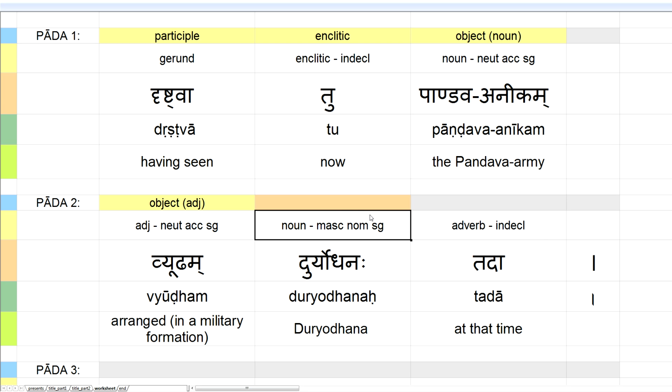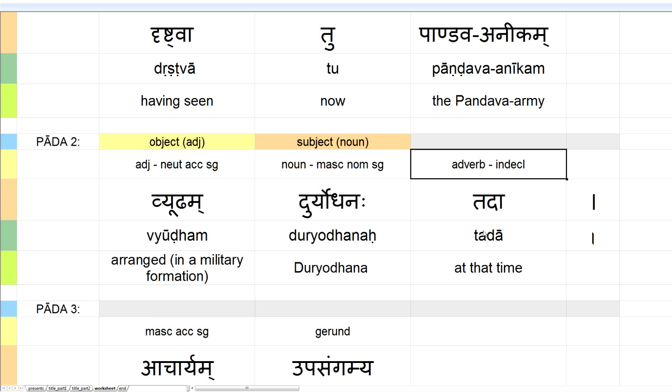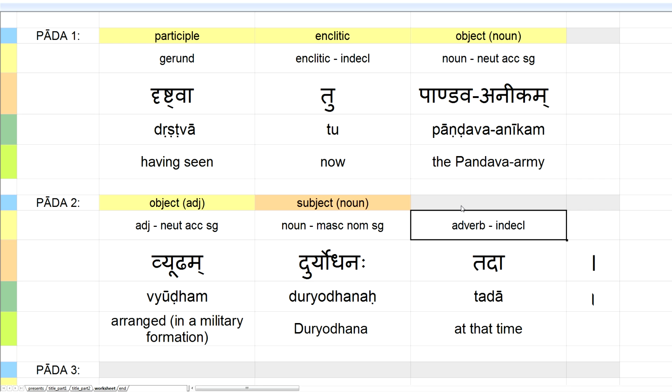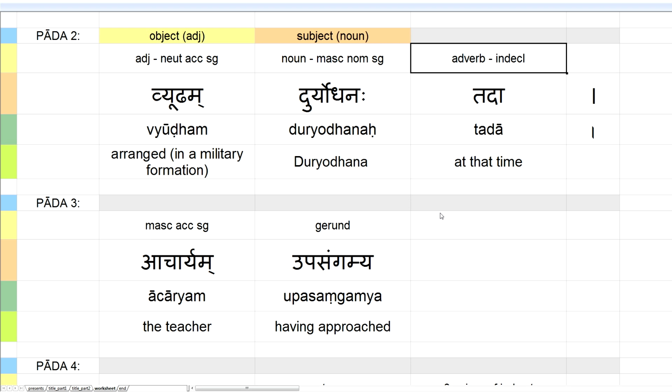And so this must be a subject here, and it is a noun. And here comes an adverb, indeclinable. The question is, does the adverb belong here, or does it belong to the next clause down here? So we have to look a little bit over here to see first what this might be.